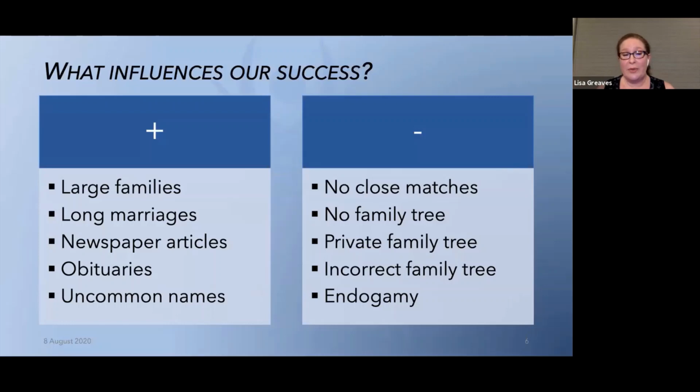And also the siblings provide your future DNA matches. So families with lots of siblings really increase your odds of success.